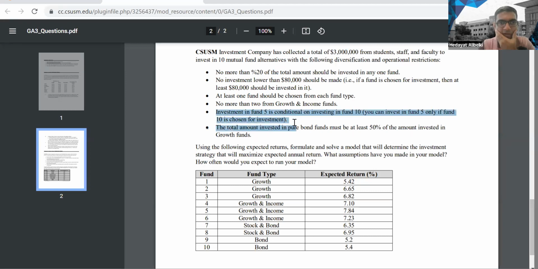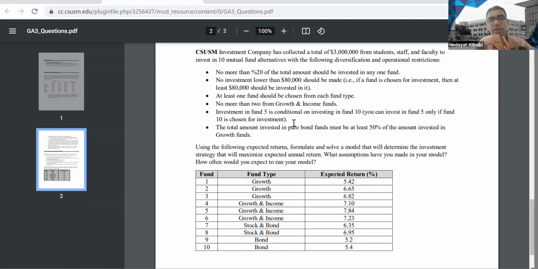Bullet 5, investment in 5 is conditional on investing in fund 10. So you can invest in 5 if you invest in 10. This is a conditional constraint.